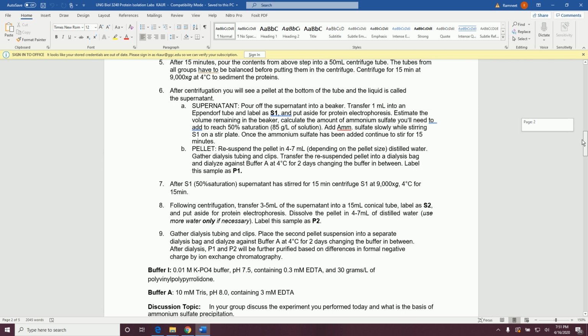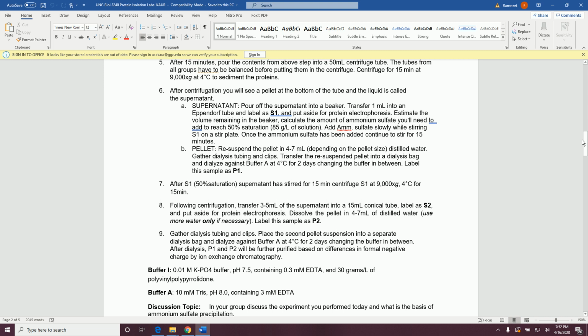In the spinach leaves we have these proteins, and these proteins are actually forming bonds with water. So by adding ammonium sulfate, we are trying to add the salt so that the salt can make the bonds with water and does not make the bonds with proteins, so that the proteins actually precipitate out.